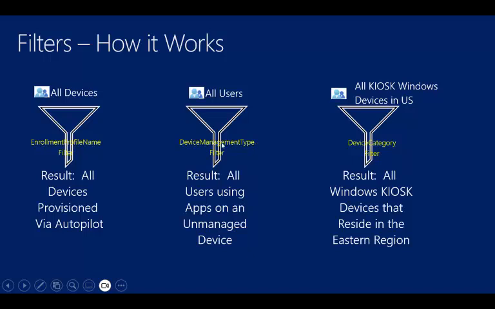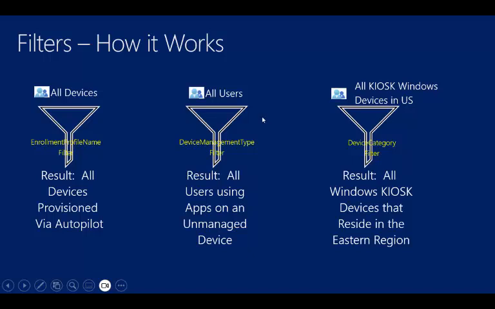And so that device management type is either going to be a managed device or an unmanaged device. That's now where you see that choice. And then the filter result will be all users using apps on an unmanaged device, perhaps would be surfaced forward, and that's where the app protection policy would apply. You could, again, do managed device if you want to, whatever you want, but that's another example.